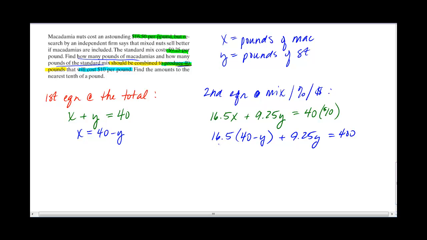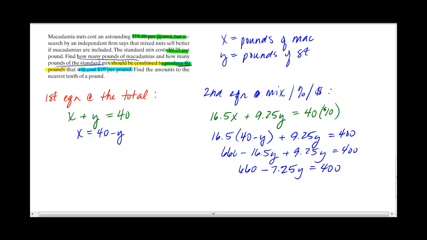Distributing the 16.5, I get 660 minus 16.50y plus 9.25y is 400. And now let's collect the y's, and I get 660 minus 7.25y is 400. And I know that if you're doing this on your calculator or following along, you'll get the same answers.